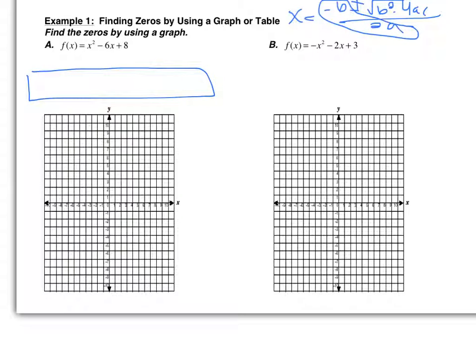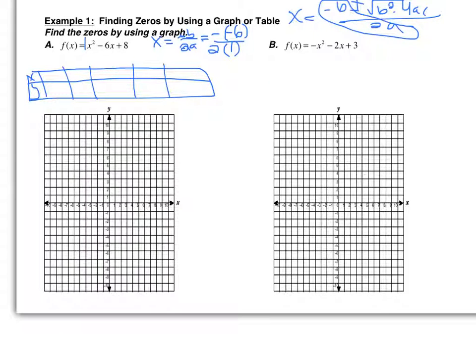So we have a table of x and y values. And we're going to use x equals negative b over 2a to find our axis of symmetry. So we have negative b, which was negative 6, over 2 times a, which over here is 1.